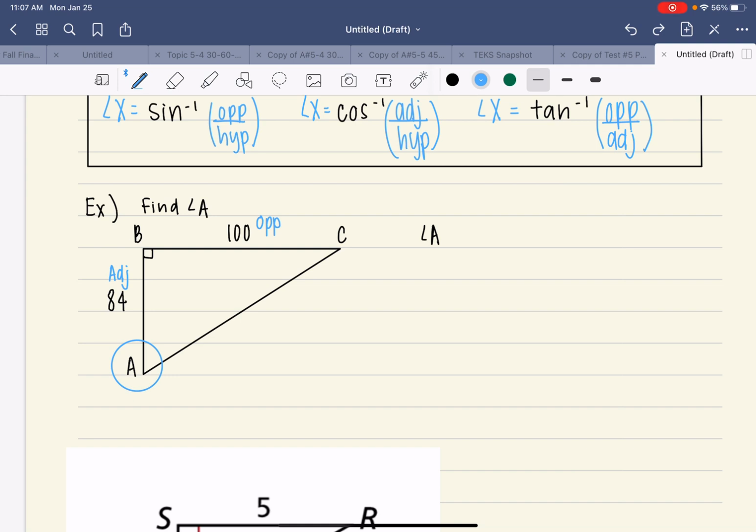Now we need to pick a trig function that uses both opposite and adjacent, which is tangent.